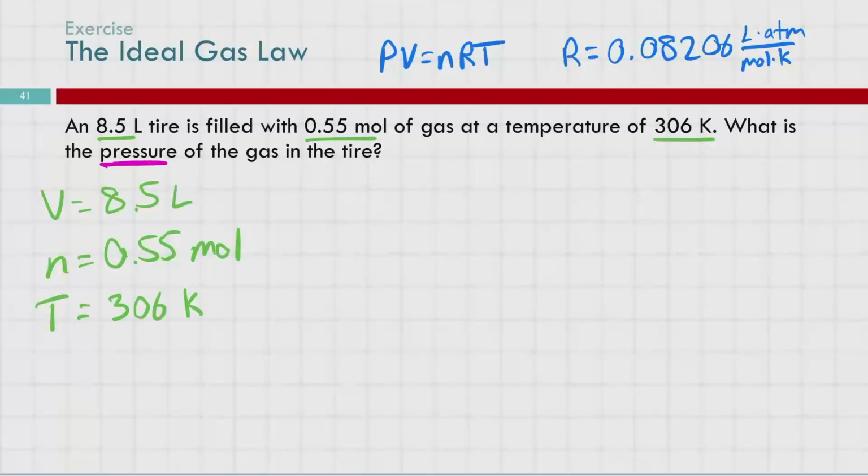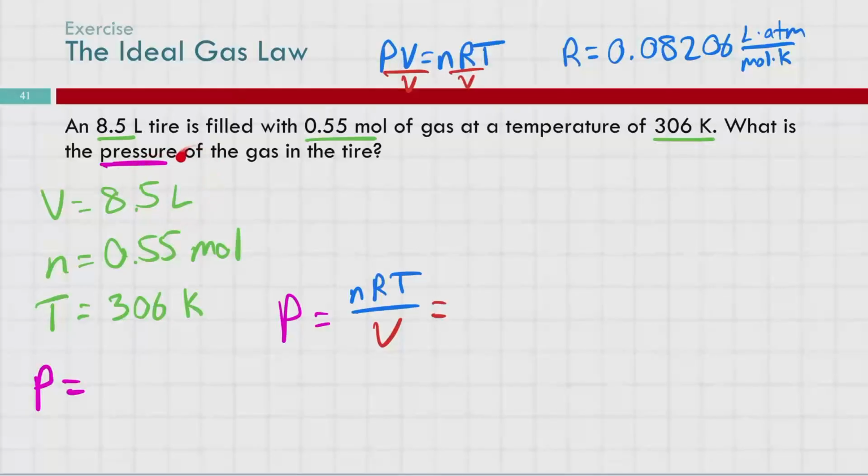We are looking for the pressure of the gas in the tire. So finding P, there it is. We need to divide both sides by V. Pressure equals nRT over V. We've got all of these things.